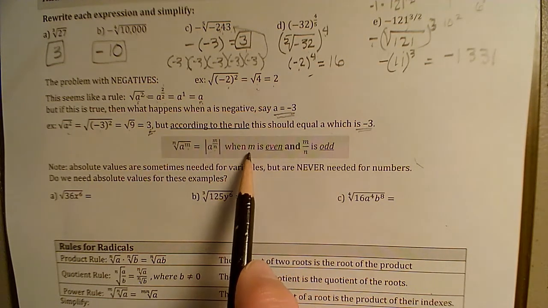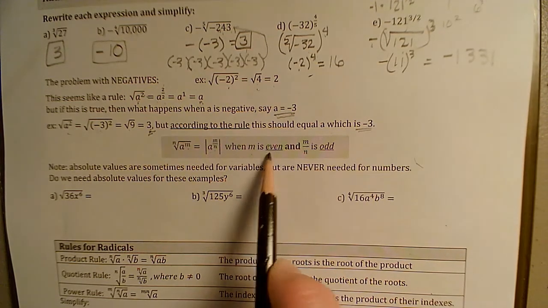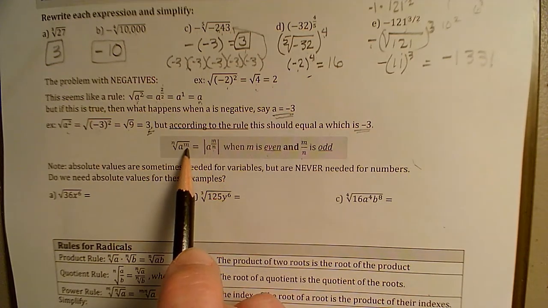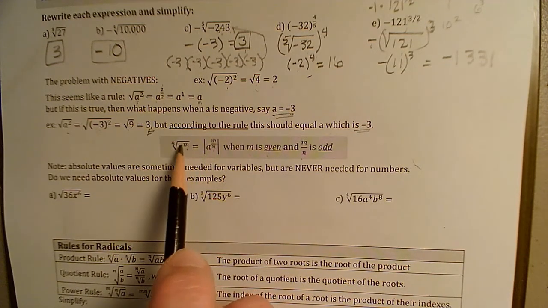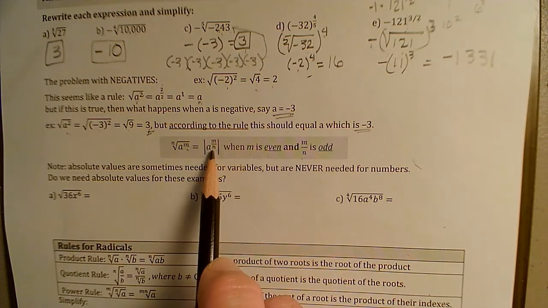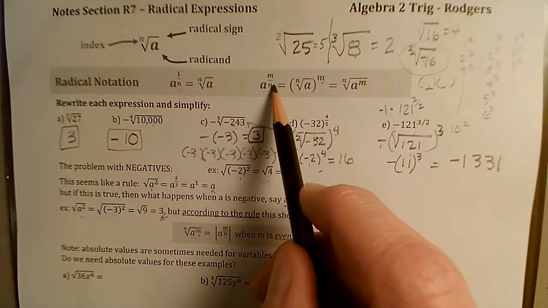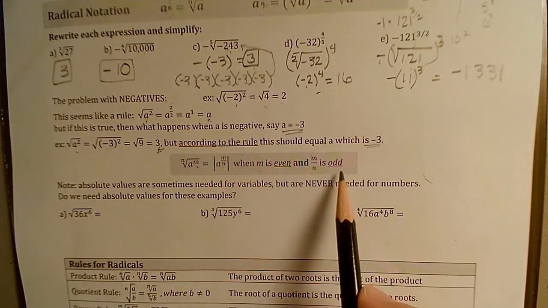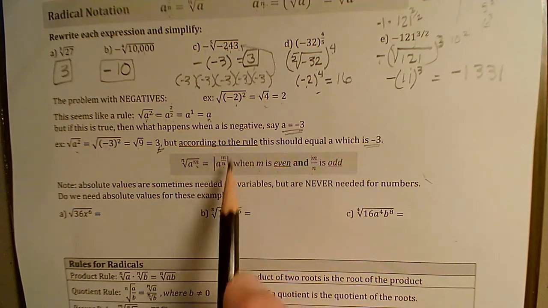This is really a rule that you just have to memorize. When m, what's being raised here, is even, which means if a were negative, the negative would go away, and the resulting fraction from our rule up here ends up being a whole number that is odd, then we need absolute values around it.